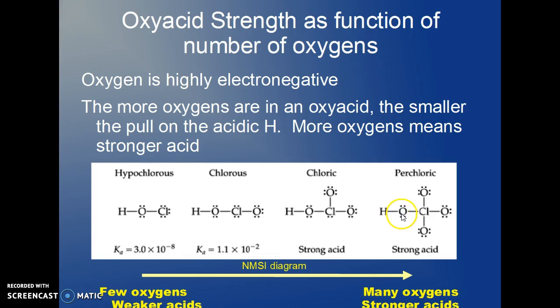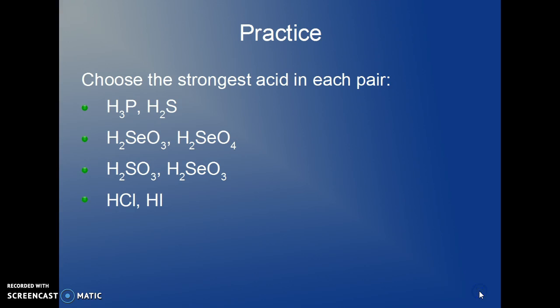And finally, in perchloric, you have 4 oxygens pulling on electrons, and this makes this such a strong acid that it is 100% dissociated when you put it into water. So the more oxygens you have in a molecule that is an acid, the stronger is the acid.